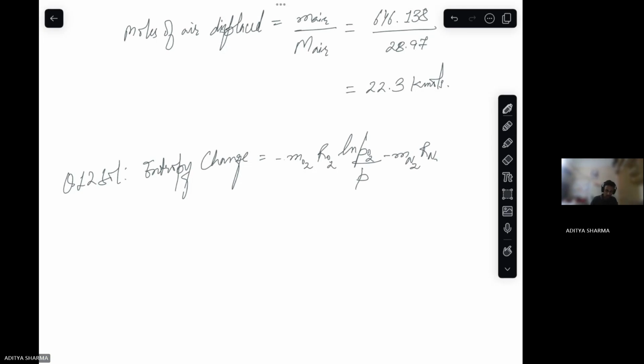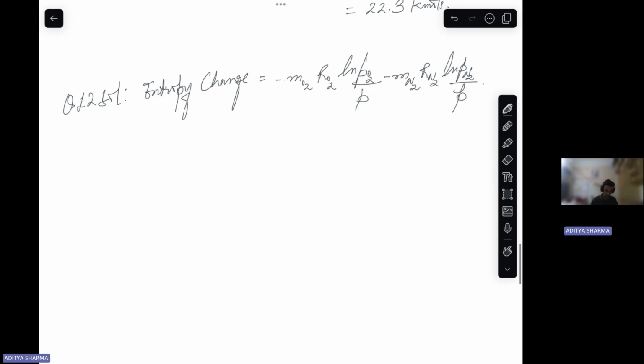Expression. Okay, now what do we need to find out? Mass of oxygen, that is MO2, we have. Mass of nitrogen, we have. Right.